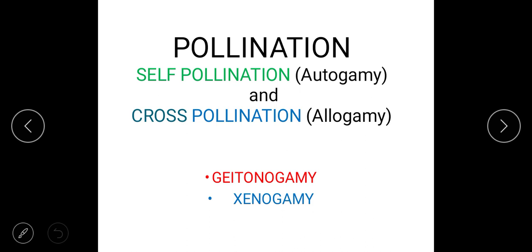Cross-pollination is again of two types, geitonogamy and xenogamy. Geitonogamy is generally when the pollen of one plant falls on the stigma of flowers of the same plant, so there is no genetic variation. Whereas in xenogamy, different plants of the same species, or even different species, could be involved.